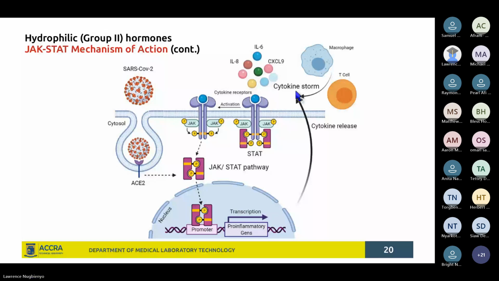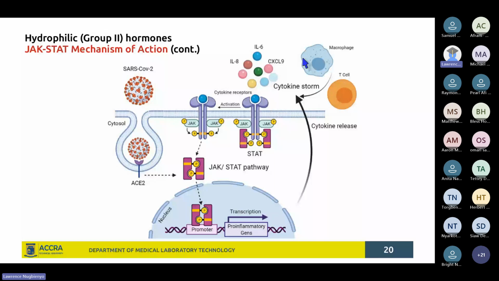And the cytokine binds onto the receptor of that macrophage. Of course, once you have more cytokines that are produced, they are also going to signal other macrophages and T helper cells. So different cells of the immune system.